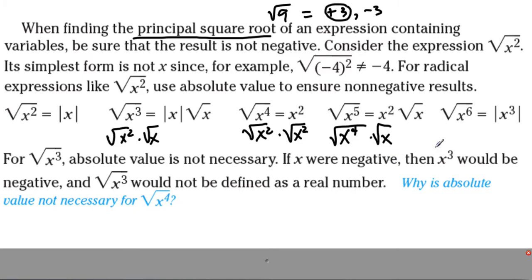Okay? So those are a little bit of the shortcuts there. And if you look at the absolute value of radical x to the sixth, it is the same as radical x to the fourth. Okay, sorry, erase that.